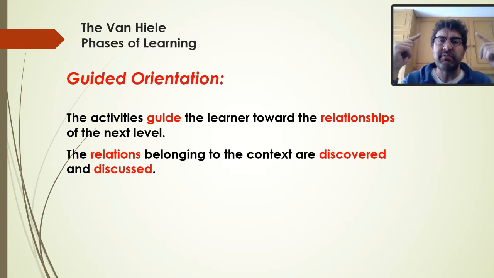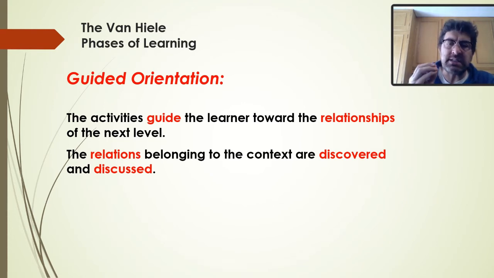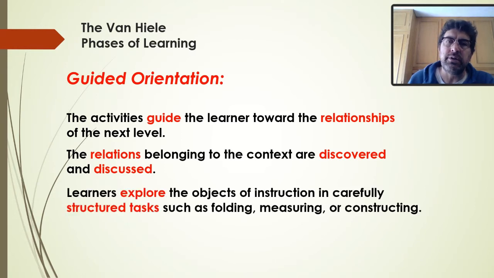Now, obviously, folks, every year, if you as a teacher go through this phase, there's a certain level of expectation about what the learners know that you can work from when you design your activities. But the key thing here is, at the guided orientation phase, activities are designed to look at relational features that must be discovered and discussed by learners.